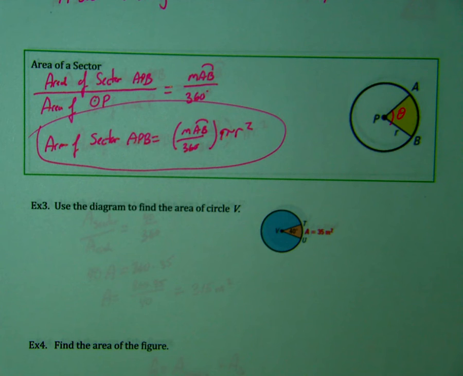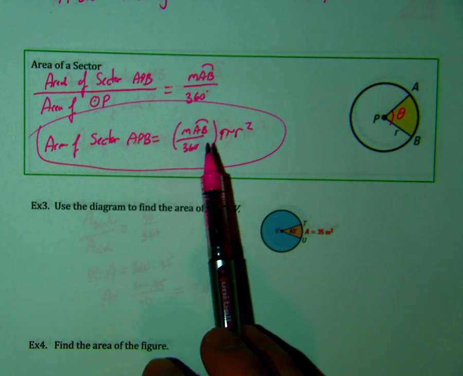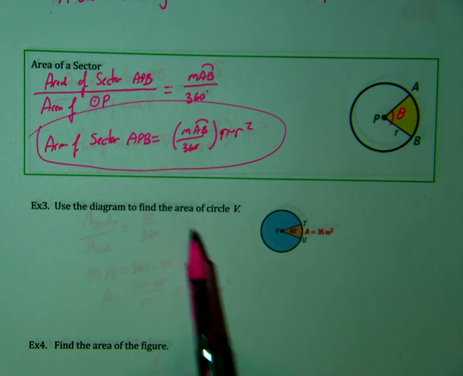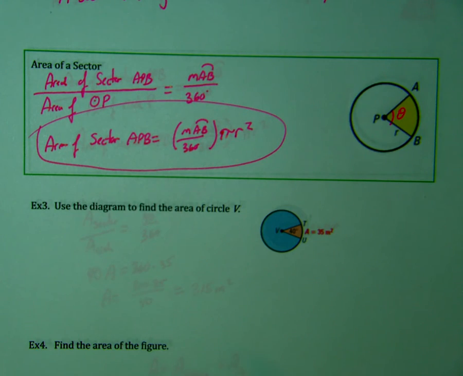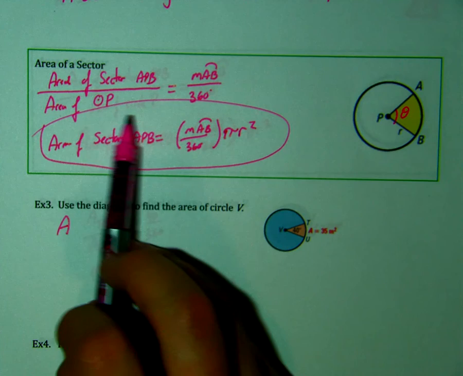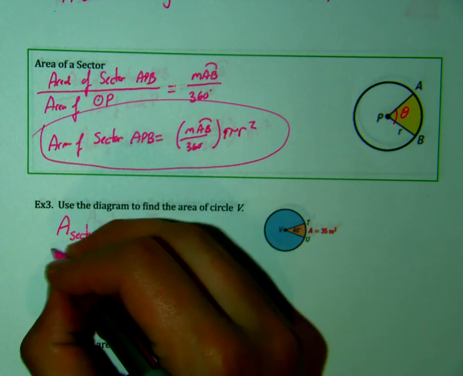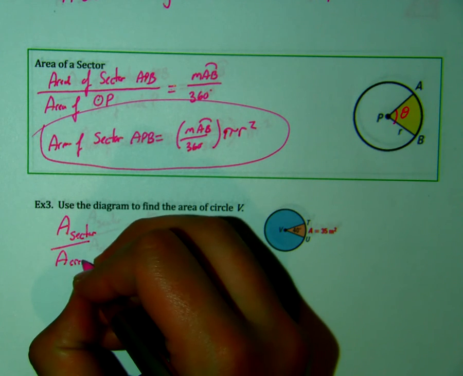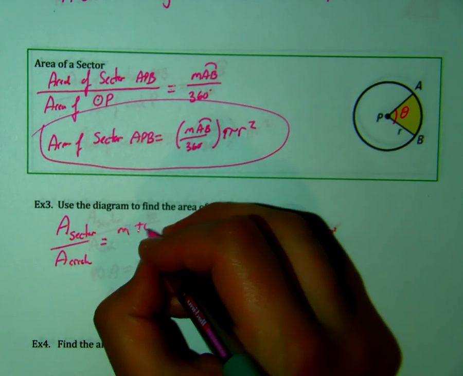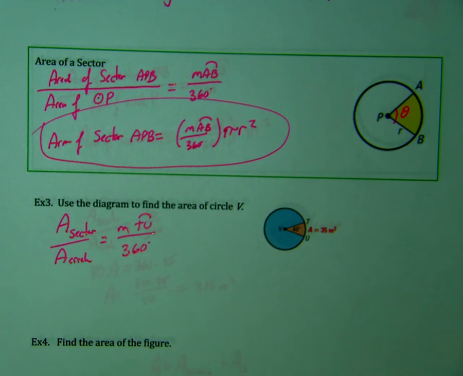All right, so for this example, you could use the formula, but in that case, you'd be solving for r, and then you'd be plugging r back in to find the area of the blue circle. So this might be faster to just use this idea up here. The area of the sector compared to the area of the circle is equal to the measure of the arc compared to the total measure of 360 degrees.